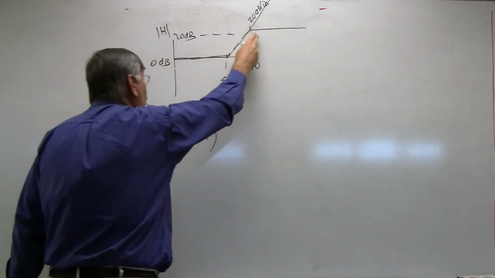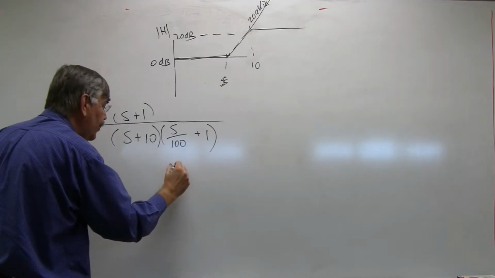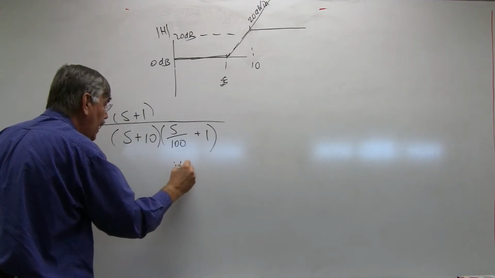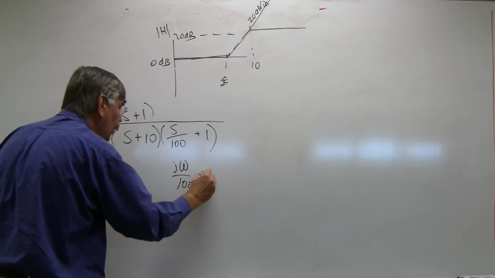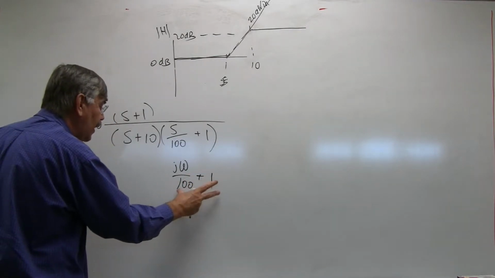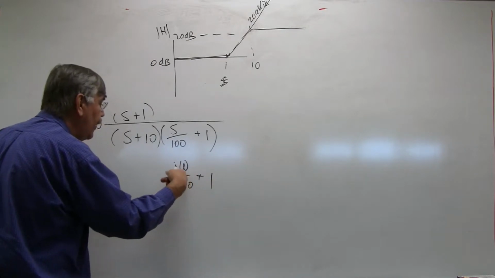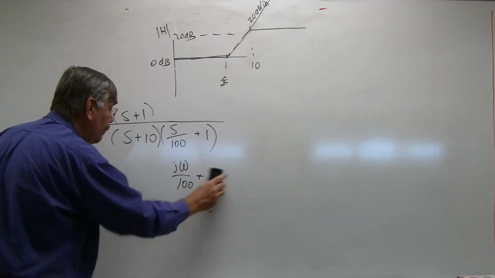As I continue up beyond 10, however, and get closer to 100, this one, which is going to be j omega over 100 plus 1, and when we get up to 100, when omega is 100, these will be equal in magnitude, and then for frequencies greater than 100, we've encountered a second pole.